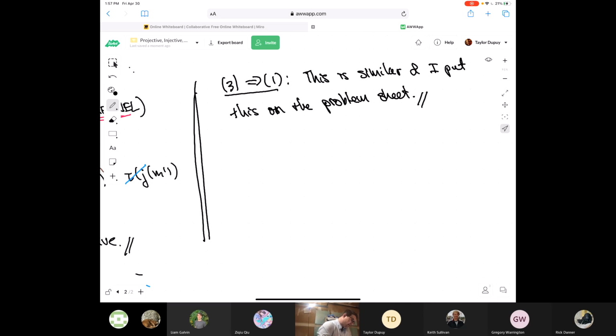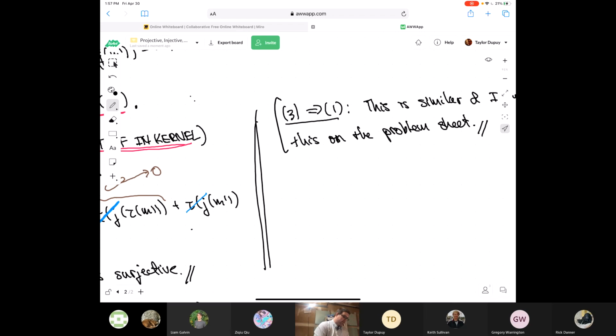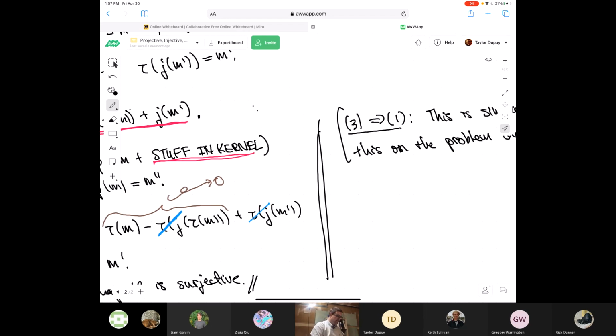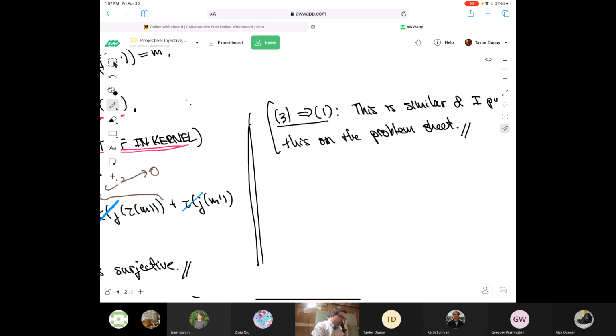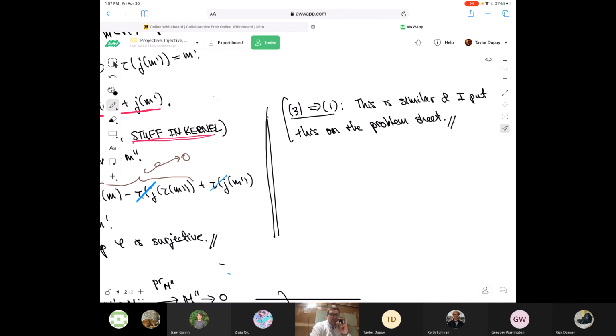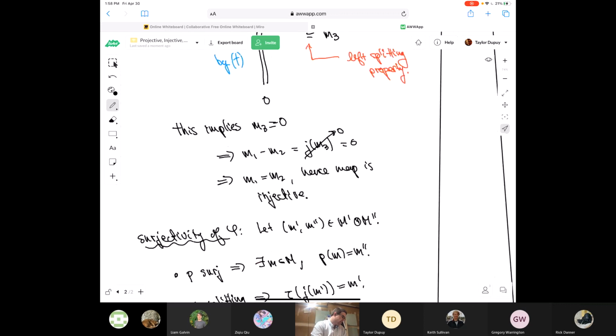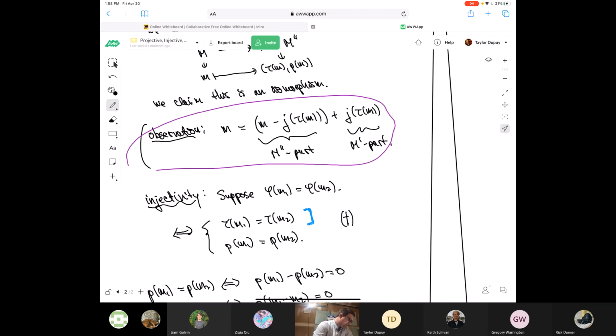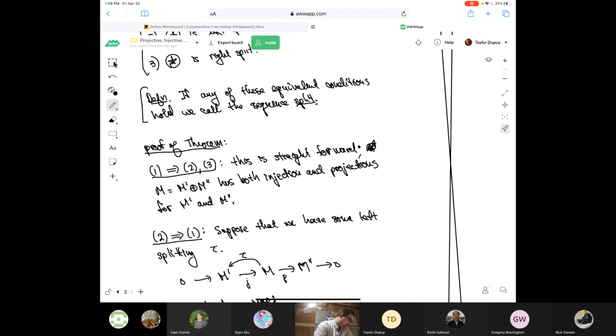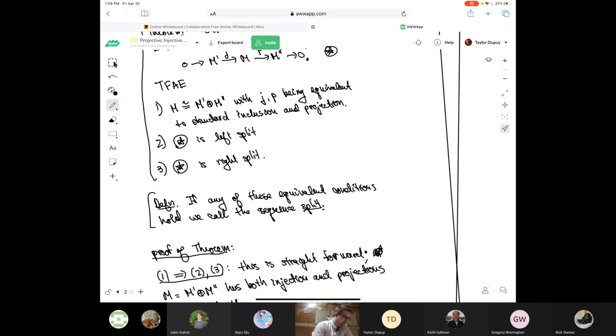Okay, I forgot about that part. So are there any questions on this? Again, what was the statement? The statement was that these notions of splitting are all the same, and being left split and being right split is the same thing as the sequence being the standard splitting, with the inclusion and the projection.